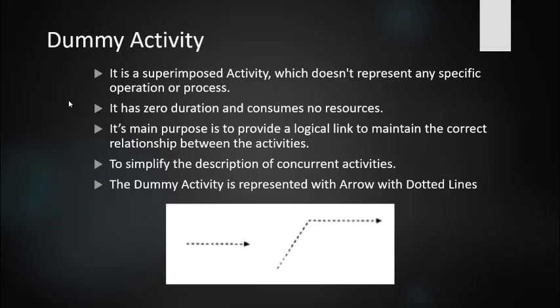The dummy activity just gives you information about the logical relationship between different activities, meaning there is an interlinking between two activities. If two activities are completed simultaneously, then only the next activity is started. In that way you have to monitor the two activities simultaneously, so you represent it with an arrow mark between the two activities.